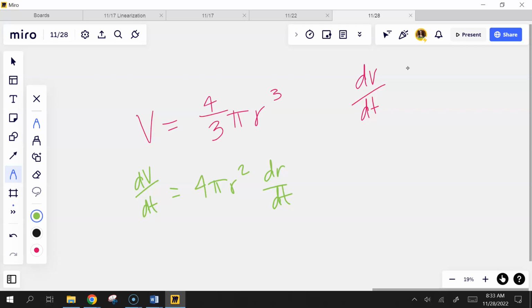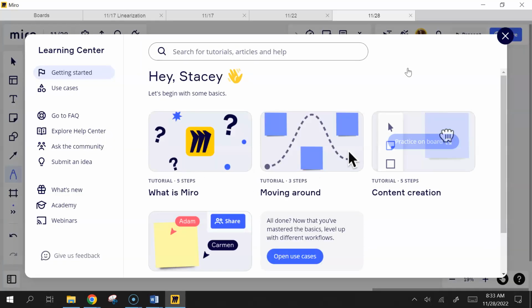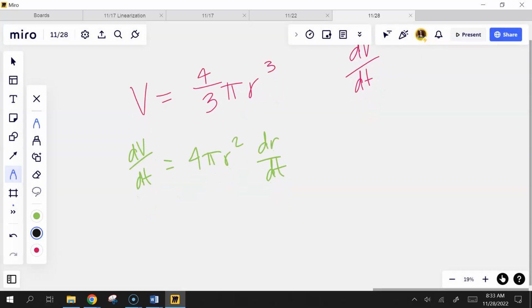Did y'all get it? Find dV/dr. Find the derivative of the volume with respect to the radius.